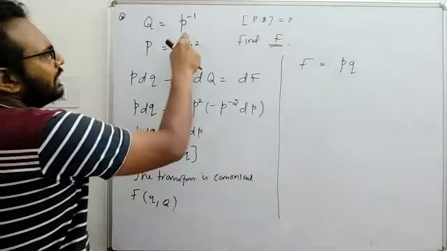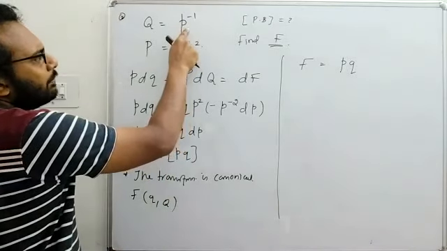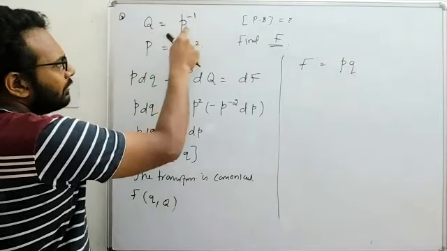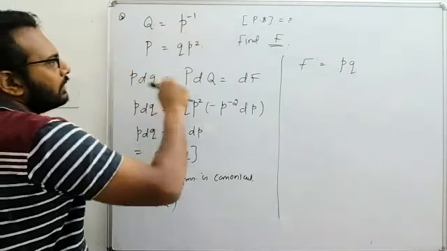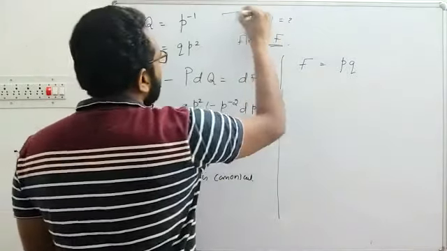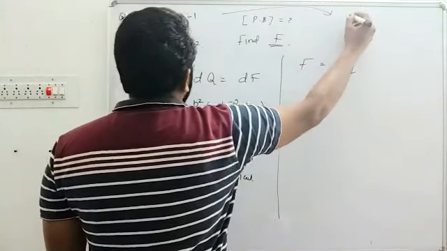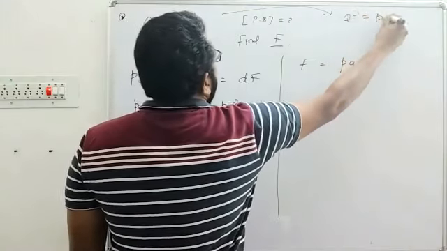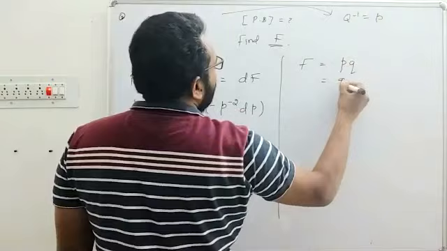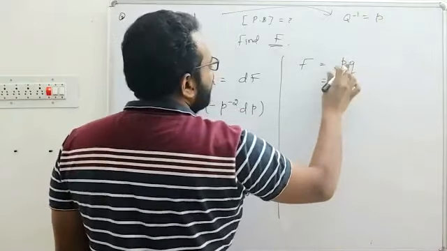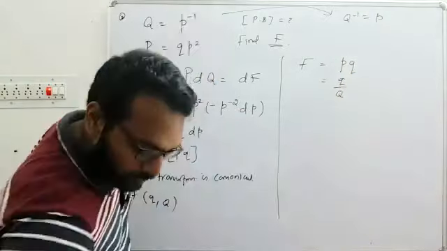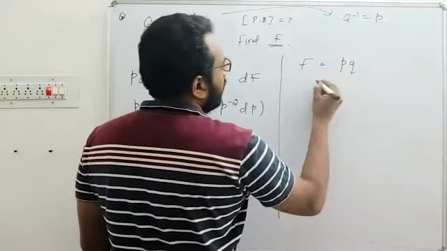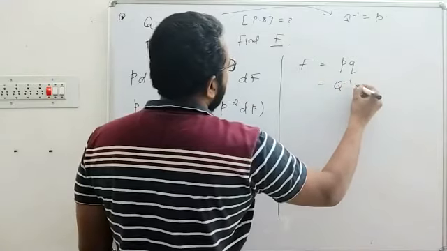Now, an easy way to do this is that we see that p inverse here is capital Q. So this means that p is equal to Q inverse. Am I right? So from this equation you get Q inverse is equal to p. We just substitute here. So p is equal to Q inverse, and you get F is equal to Q inverse q.